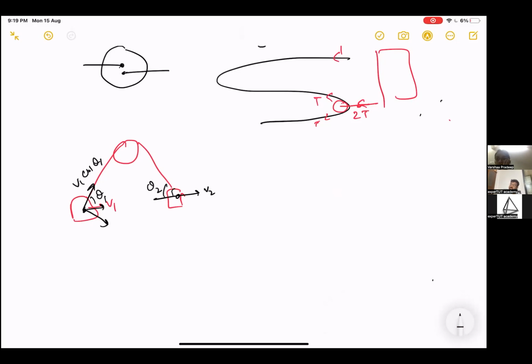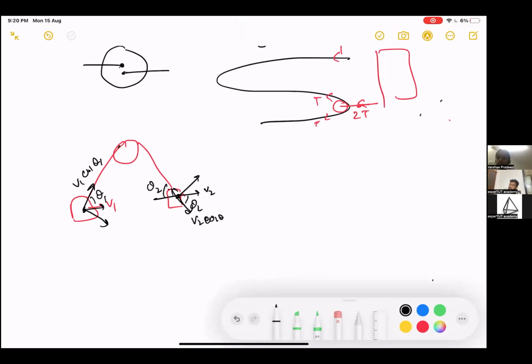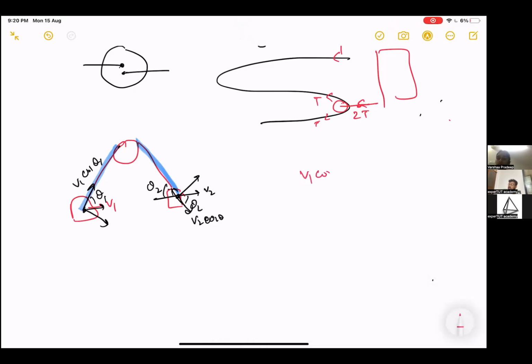So this V2 has two components, one like this and one like this. And if this is theta2, this is theta2, right? So this is cos theta2. If you take this part of the string, it is minus V1 cos theta1, and this part of the string is plus V2 cos theta2. So therefore it directly comes that V1 cos theta1 is equal to V2 cos theta2.